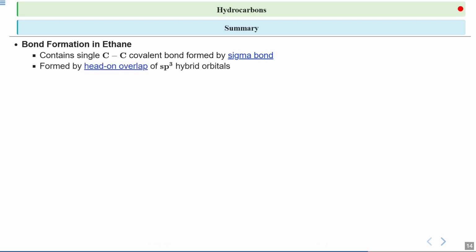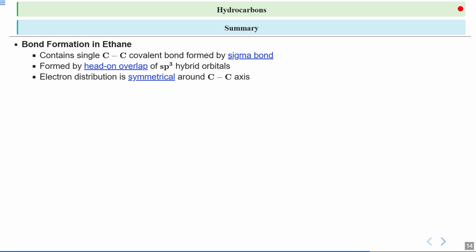Now, these sp3 hybrid orbitals overlap head on, meaning they come in front of each other and overlap with their heads. Take the whole hybrid orbital: the part where the orbital is attached to the atom can be considered as the tail, and the lobe side is the head. So they are overlapping with each other in a head-on fashion.